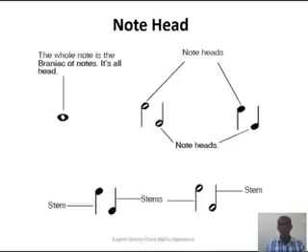The note head is very significant because it tells us the type of note we are dealing with. As you can see in the video presentation, notice how the shapes of the note heads are similar. Just take a few seconds and observe the note head and the stem. You can see that some have holes in the middle, some are filled, but honestly they are not the same.